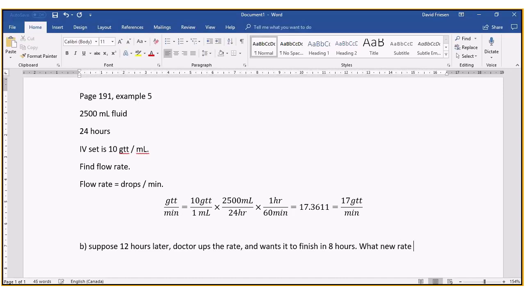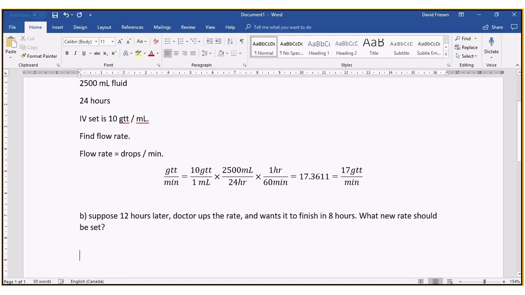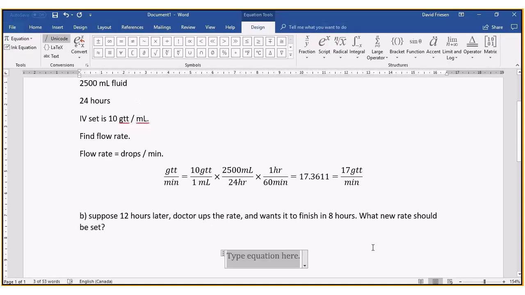New rate should use the same sort of information here. We still need to find GTT over minutes.